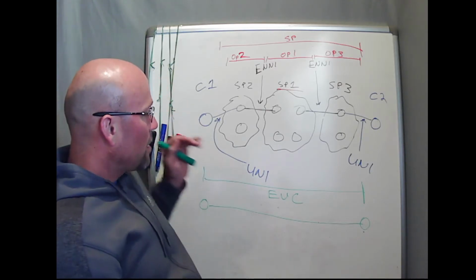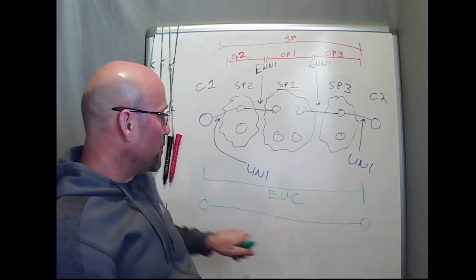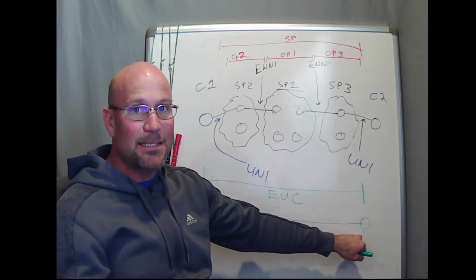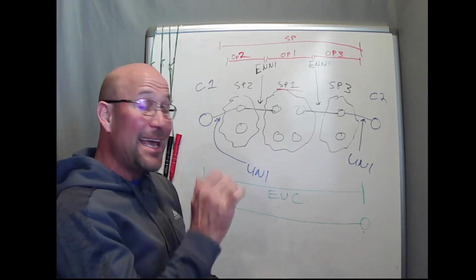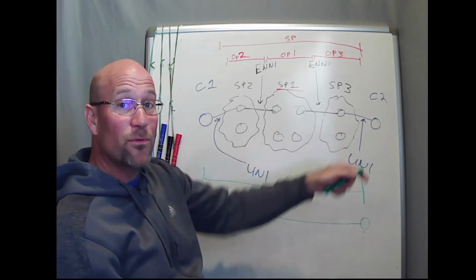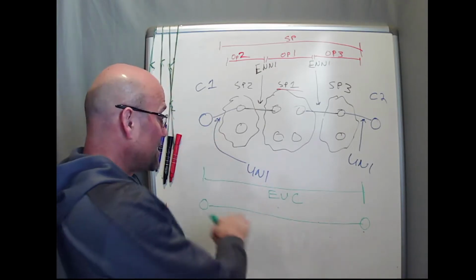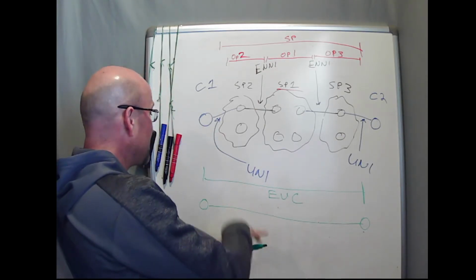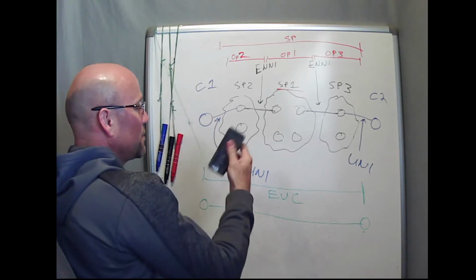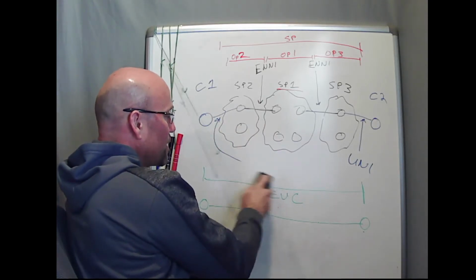So the end-to-end Ethernet virtual connection, the EVC, is the end-to-end circuit. Now, each piece of that circuit has to go through 3 providers. Let me move my UNI label here.